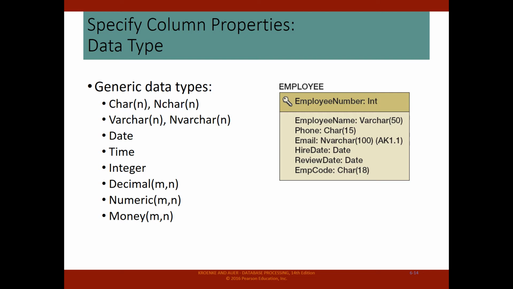Now when we look at the varchar, the var stands for variable character. If you notice, the first name or the employee name has varchar and then 50. The 50 means that we are allocating in memory 50 characters for this particular field, up to 50.